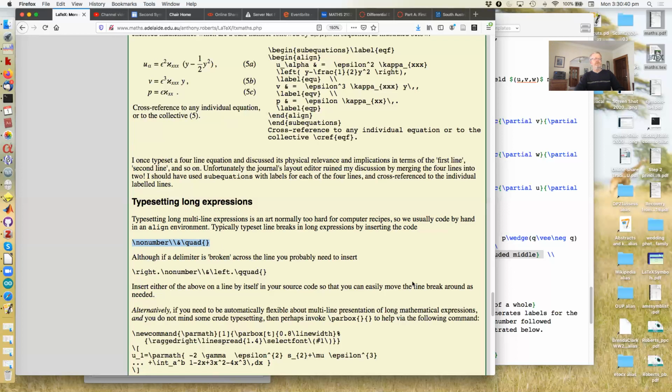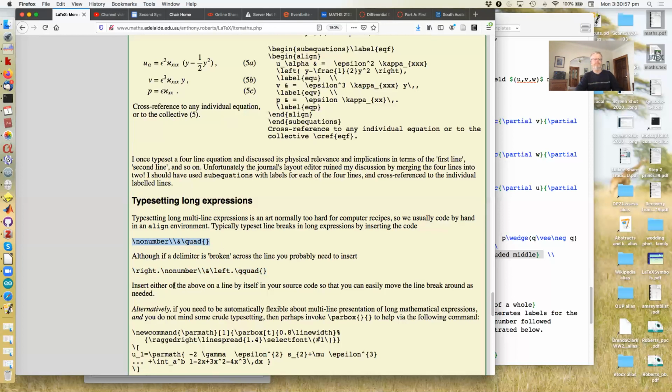Yeah, and then as I mentioned before, if the line break is inserted between a left and a right pair, then you need matching \right dots and \left dots.